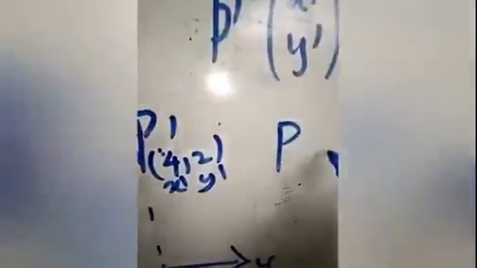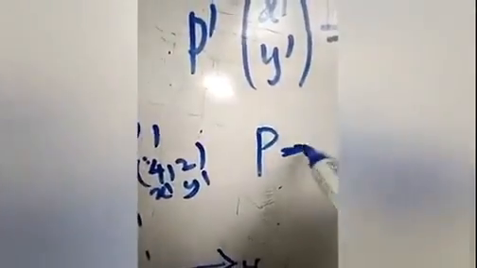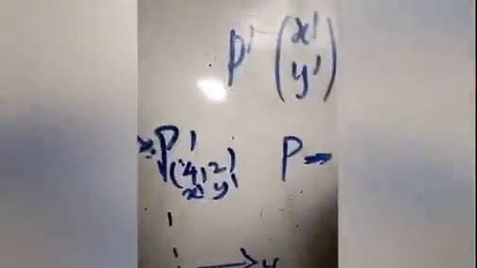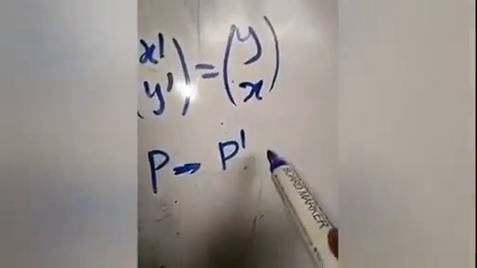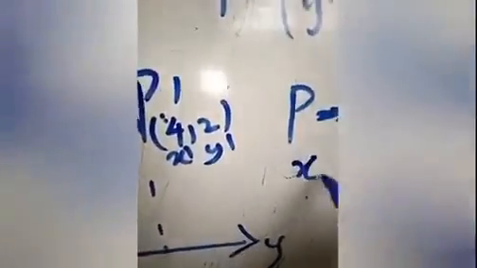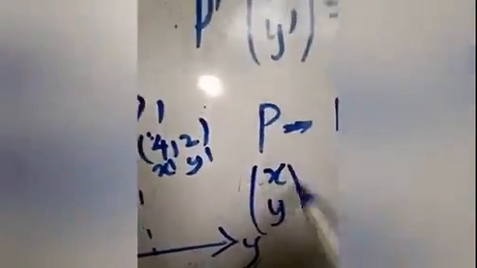So in this case now, we say when P maps onto the image for the equation of line y equals x, then we have x column y mapping to give me y column x.